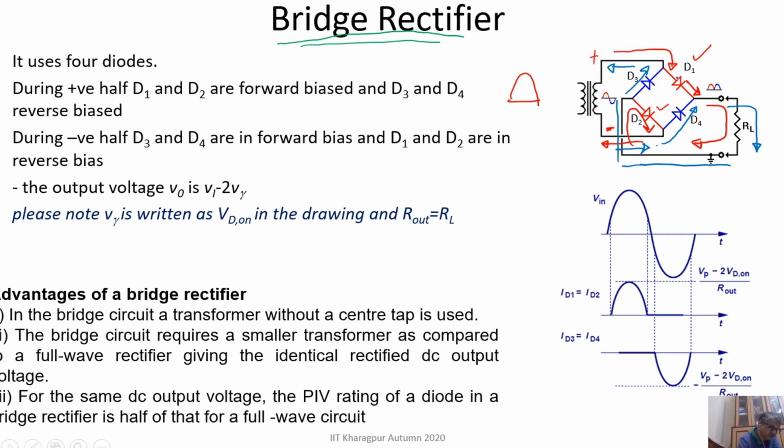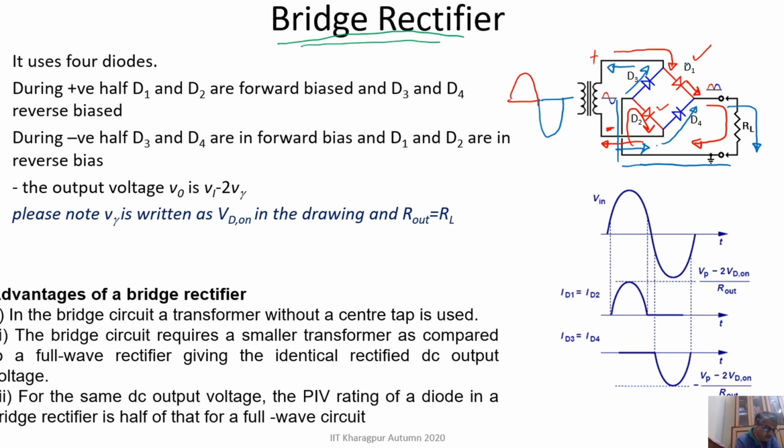So if you follow this blue color line, which is the current path in case of negative half cycle of the input, you see D3 and D4 are on. In the negative half cycle, D3 and D4 are on. So through this D4, it is going through RL and coming back through D3 to the transformer.